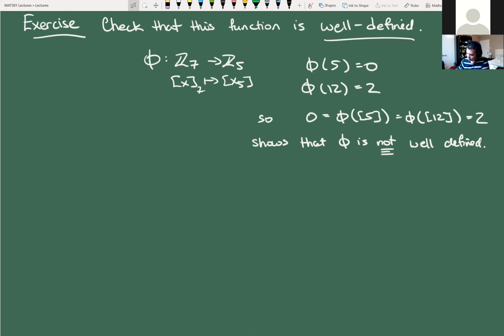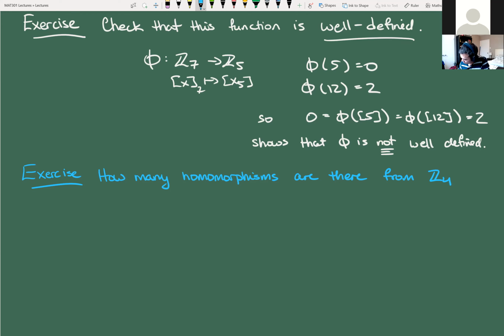Okay, here's an exercise. How many group homomorphisms are there from Z4 to Z7? 100% a fair question.